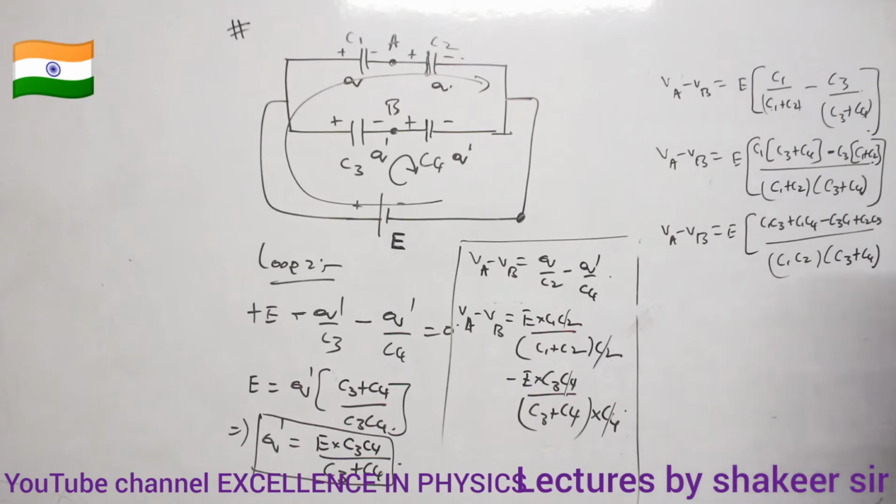Okay. So I got the equation up to here. This is the potential difference between both the points, VA minus VB. And further, C1 C3 minus C1 C3 gets cancelled.